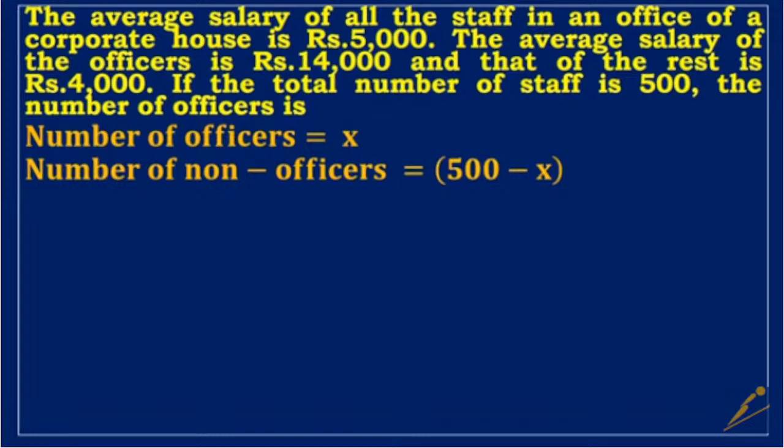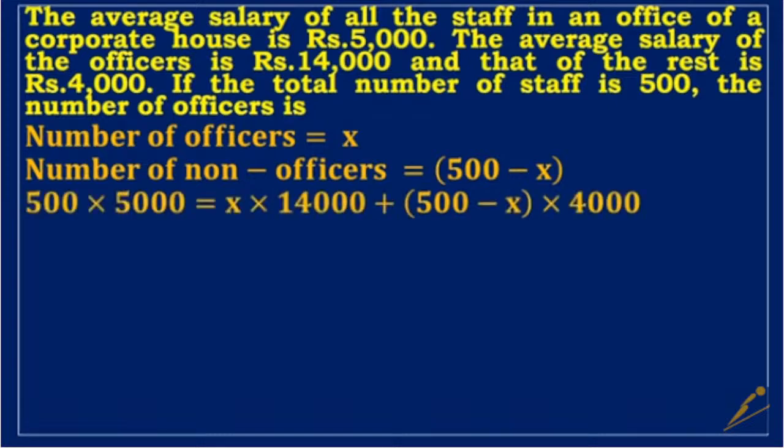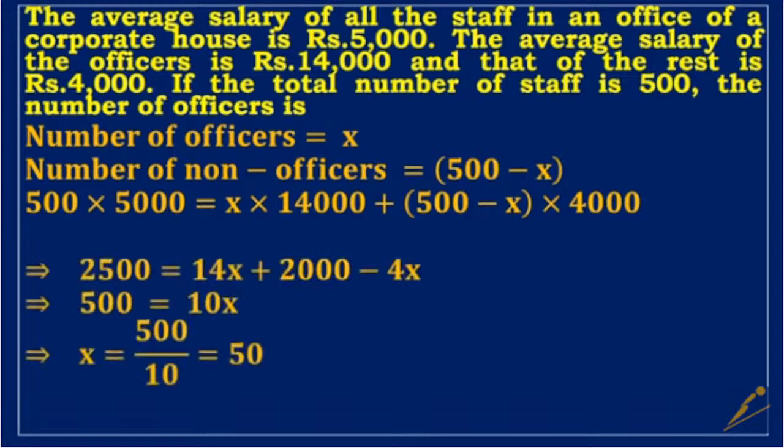We can use this information to set up the equation: 500 into 5,000 equals x into 14,000 plus (500 minus x) into 4,000. We can now solve for x by simplifying the equation. So the number of officers is 50.